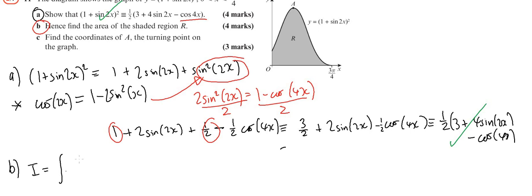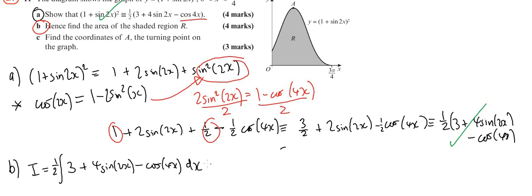Our integral is, I'm going to put a half outside. Remember, it says coefficient outside, make it easier. So a half times 3 plus 4 sine 2x minus cos of 4x dx.